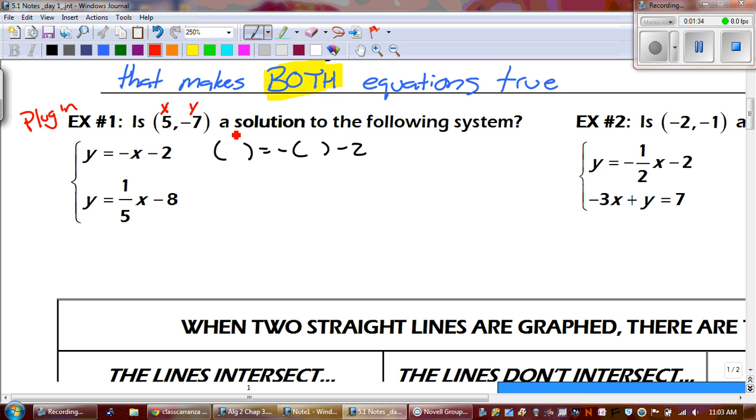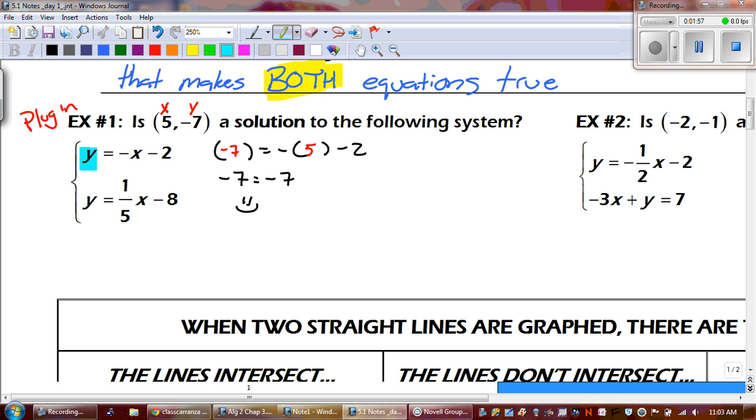So the y is negative 7 and the x is 5. So we've got negative 7 equals negative 5 minus 2, well, negative 5 minus 2, that's negative 7. Do those equal each other? Yeah, those are the same.